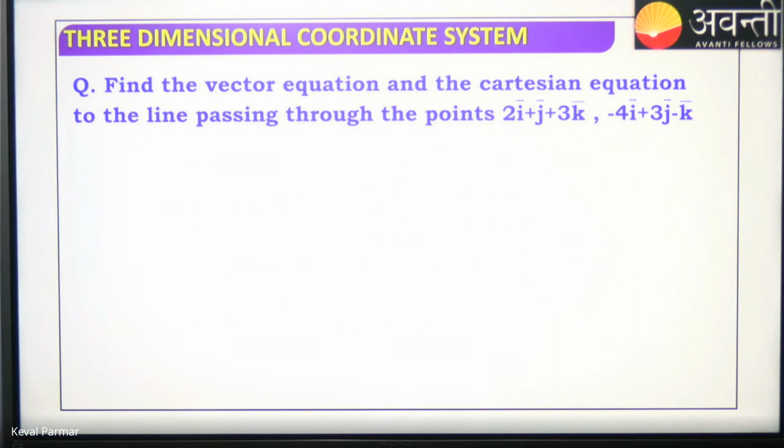Let's say one of the points is A, one of the points is B. Got it? Superb. Let's move to the next question.